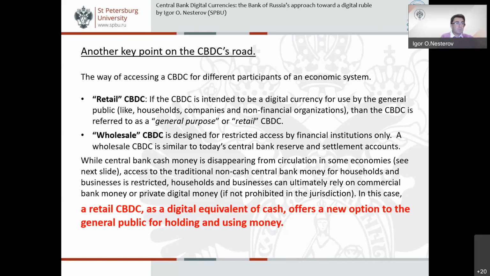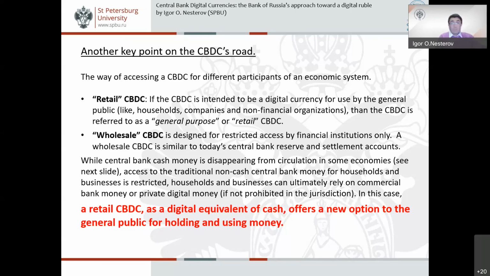In contrast to retail CBDC, a wholesale CBDC is designed for restricted access by financial institutions only. In other words, a wholesale CBDC is similar to today's central bank reserve and settlement accounts, that is, accounts of domestic commercial banks open in their native central bank.